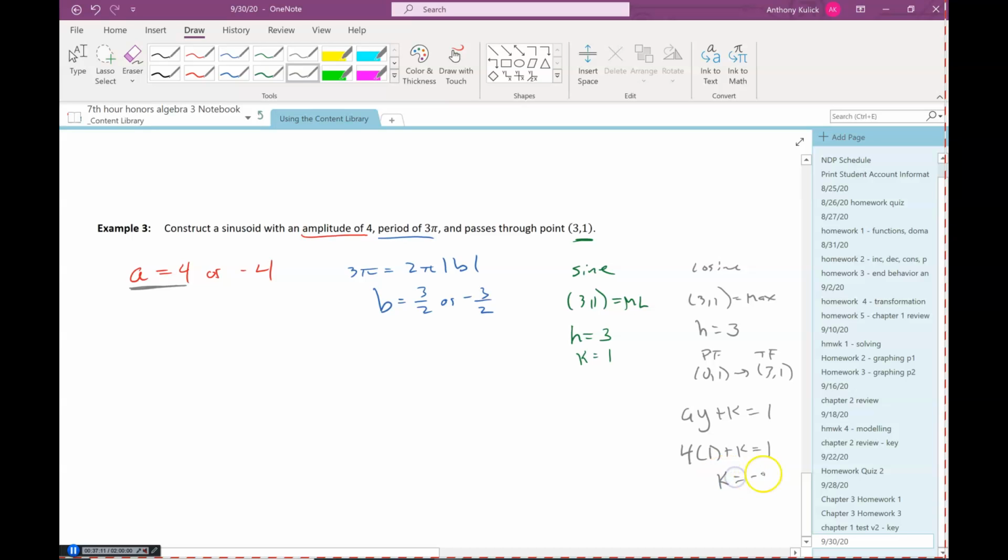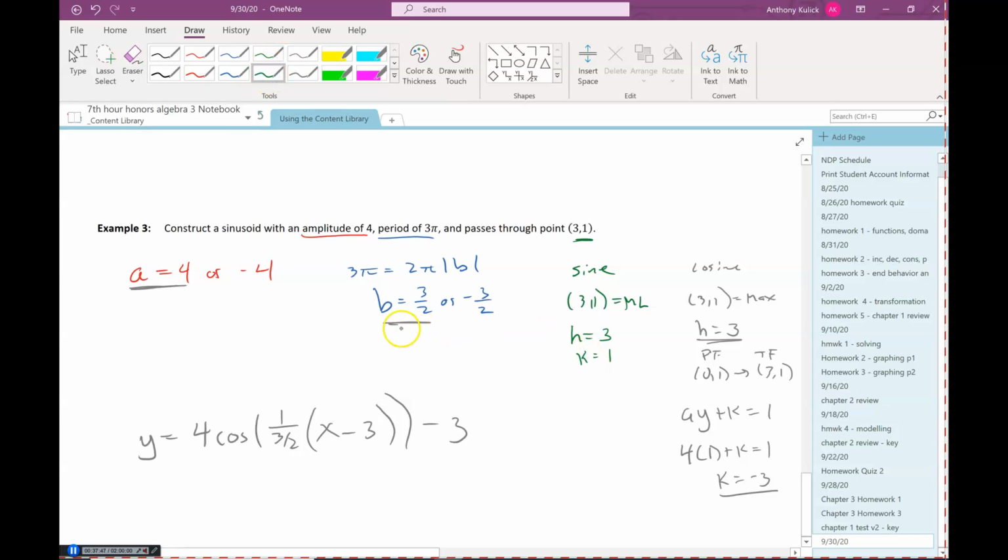So here I get that k is equal to -3. So for my cosine function, I have 4 cosine of, the sign of the b doesn't matter, I'm just going to pick the positive one, (x minus 3), and then minus 3.